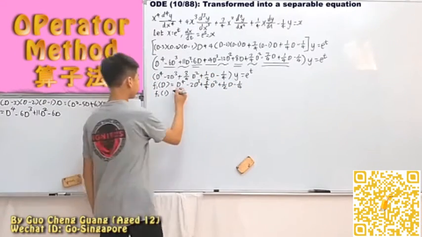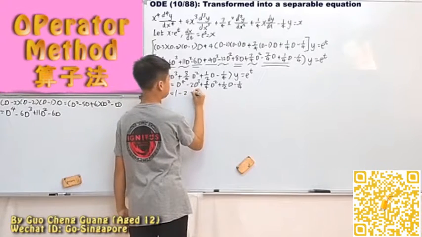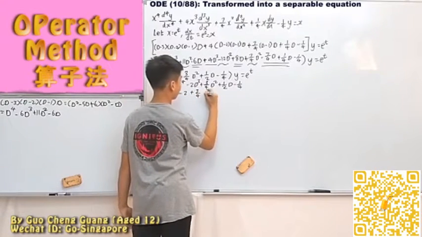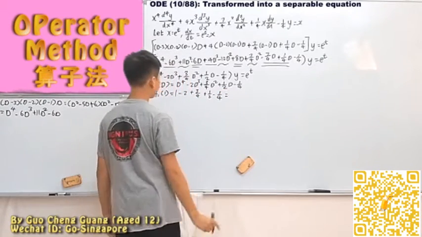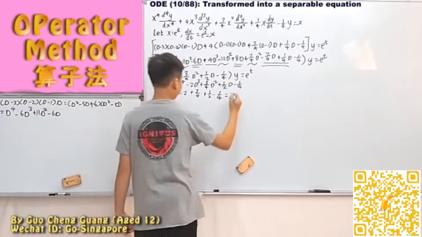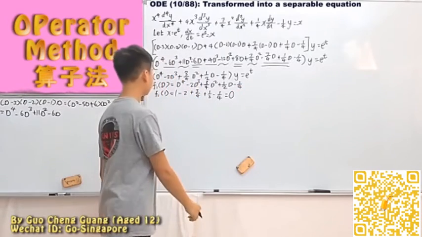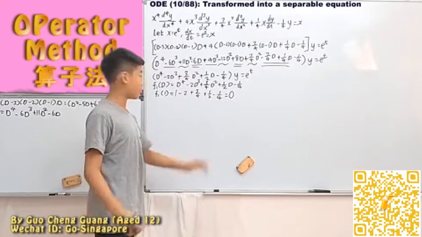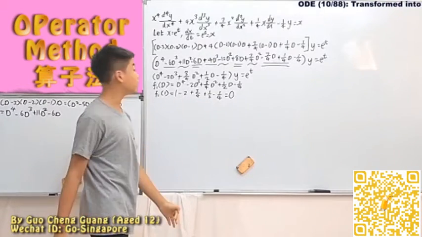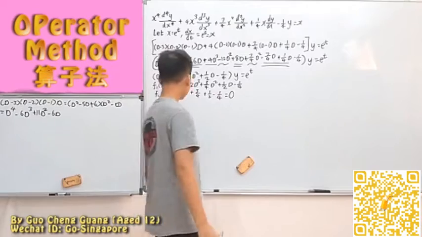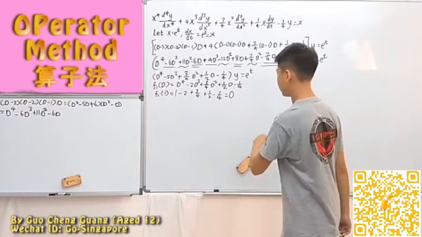Then from here, what you get is 1 subtract 2, add 3 over 4, then you add half, then you subtract 1 over 4. From here, you get a 0. Since here negative 1, here you just get 1. Okay, so that is what you have here.